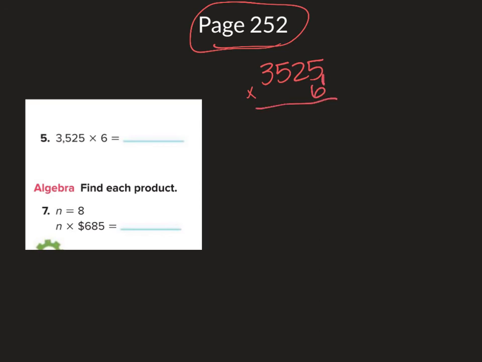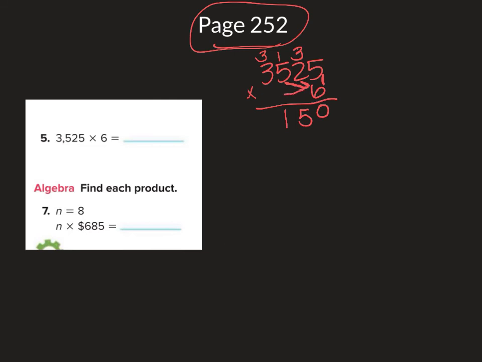Okay, 5 times 6 is 30. That's how I regrouped my 3. It's a 10. I can't put it in the ones place, so that's what I'm going to do there. 6 times 2 is 12, plus 3 is 15. 6 times 5 is 30, plus 1 more is 31.